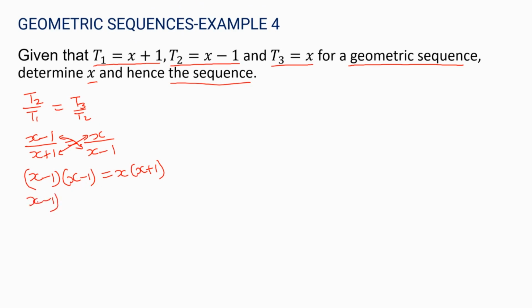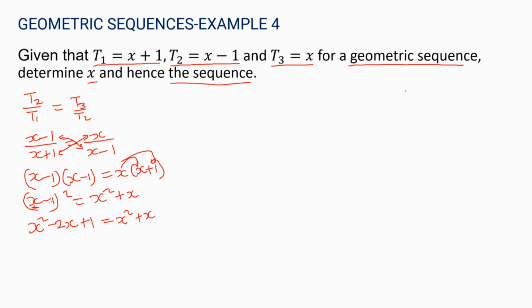X minus 1 squared is equal to x squared plus x after distributing x there. What we do here, we can say x squared, and then 2 times x times negative 1 is negative 2x, and then 1 squared becomes positive 1, is equal to x squared plus x.